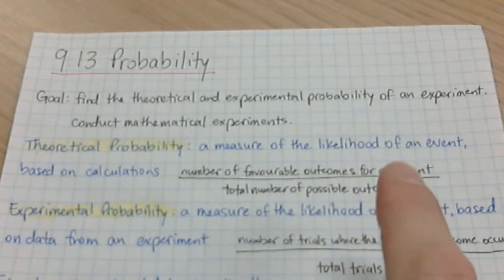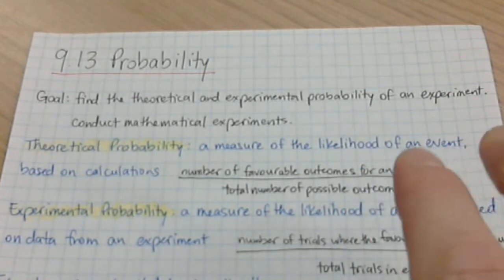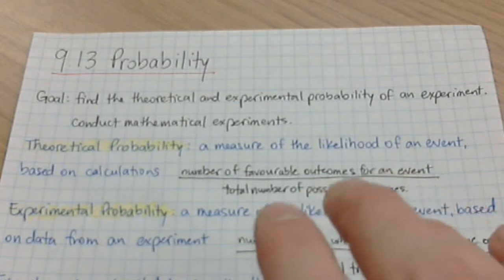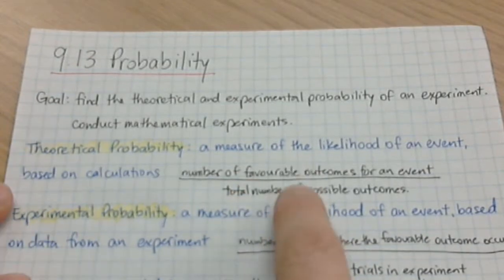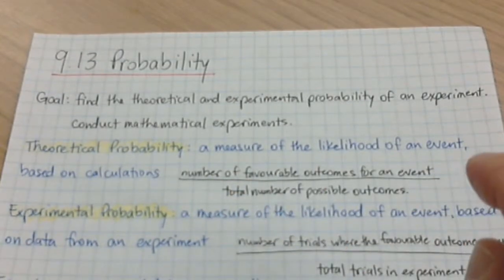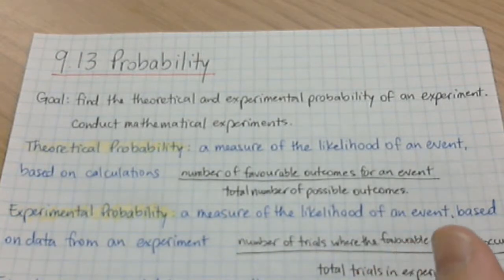The theoretical likelihood of rolling a 4 and tossing a head, we say, is 1 in 12, because you have 12 possible outcomes, and the number of favorable outcomes that we're looking for, heads and 4, is one of those options. So the probability is 1 out of 12.